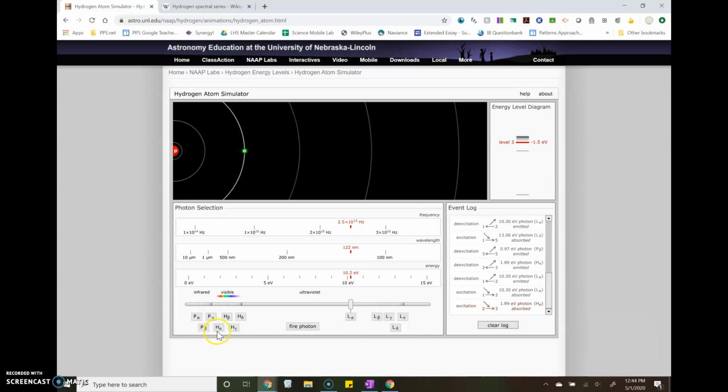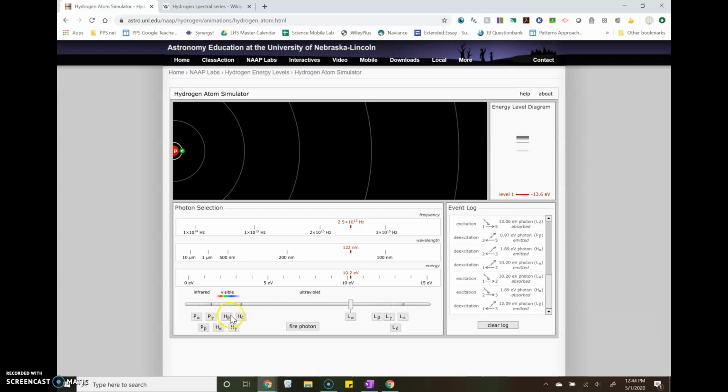Whoa, I pressed this H alpha button. And it turns out that the L buttons, those are called the Lyman series. They always excite an electron from the ground state. So L alpha goes from 1 to 2, L beta goes from 1 to 3, L gamma goes from 1 to 4, stuff like that.